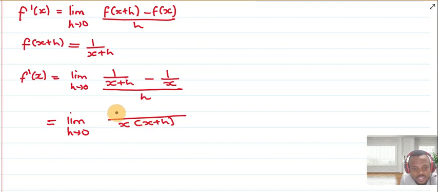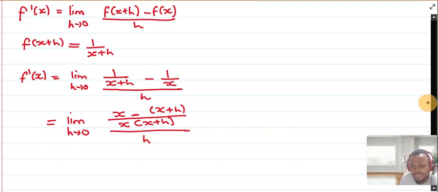So this one becomes x, because this one goes to this one and leaves this one, and this one times 1 becomes x, minus x goes to this one and leaves this one, so this becomes x plus h. All of this is being divided by h.